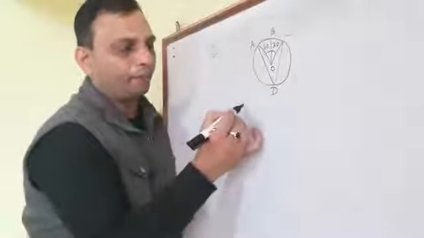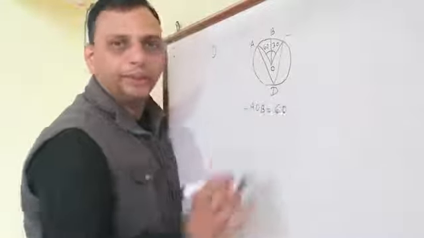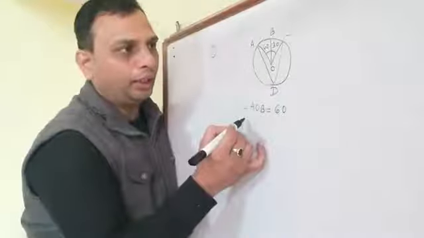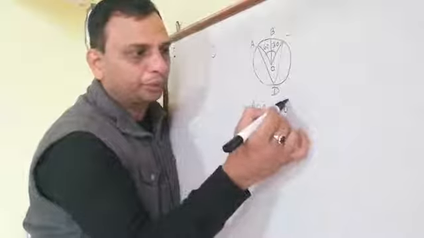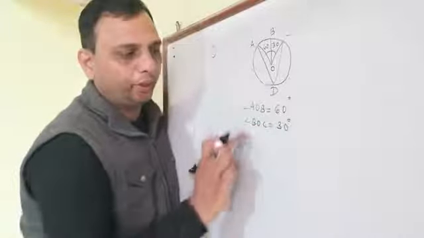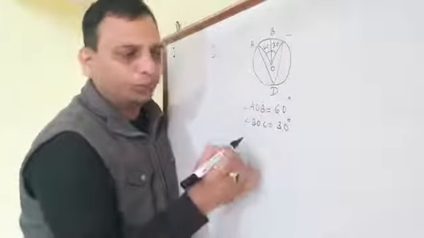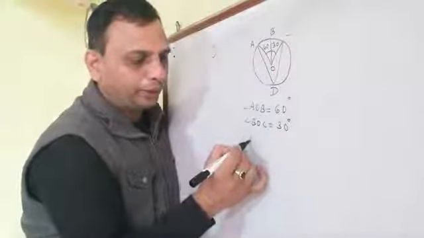So we will write here angle AOB is 60 degrees, given in the question, and angle BOC is 30 degrees, given in the question. We have to find the value of AOC. So AOC will be how much?